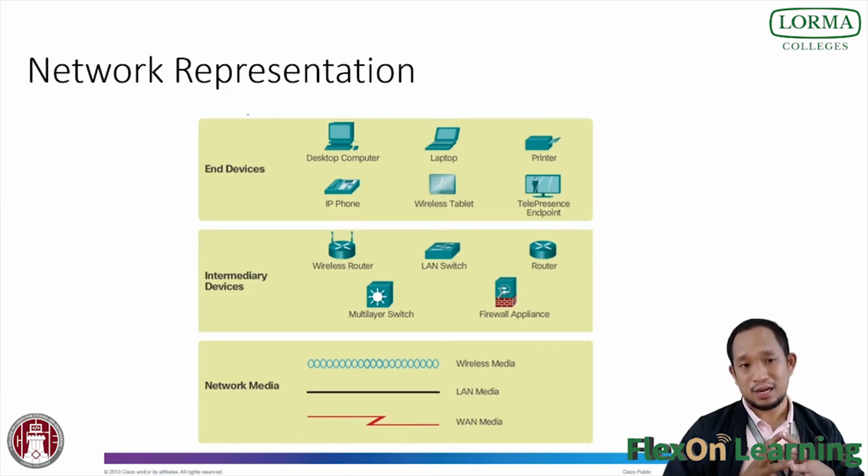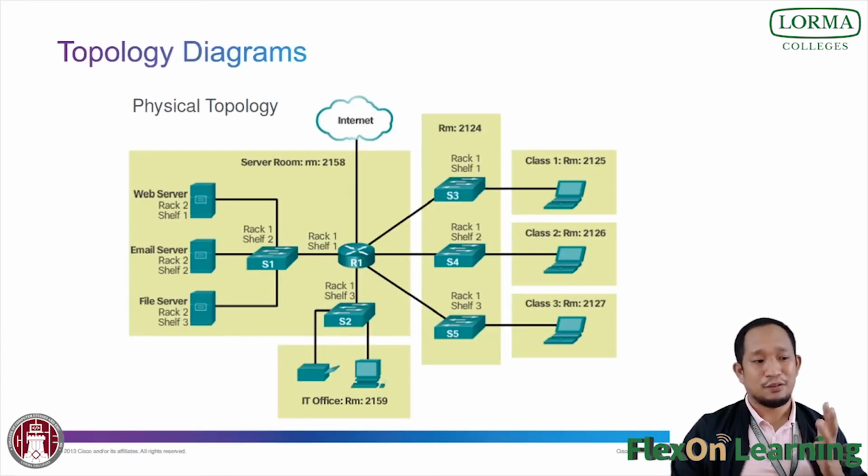But another part here in this part of our discussion is the two topologies. We have physical and logical topology. So what are these two? Now, in physical topologies, you can see it has a specific place. Meaning, if you go to the web server, it declares where the server is. So it is on rack 2, shelf 1.